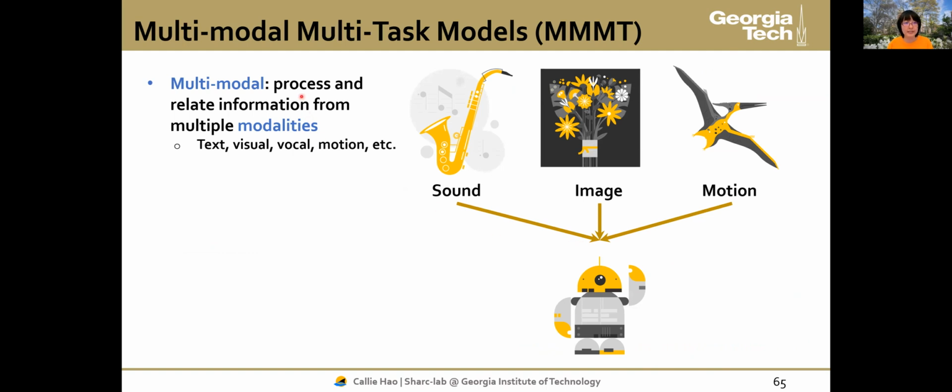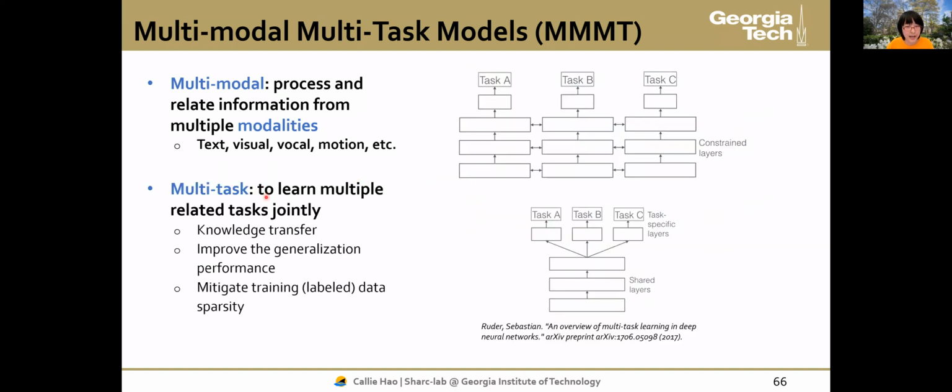So a very quick example: what does multi-modal, multitask mean? Multi-modal means the model is trying to process and relate information from multiple modalities. For example, this is a robot. It will process information in sound, in image, and also in motion. So this is multi-modal. And multitask means the model is trying to learn multiple related tasks jointly so they can apply knowledge transfer, or share weights, and learn together.